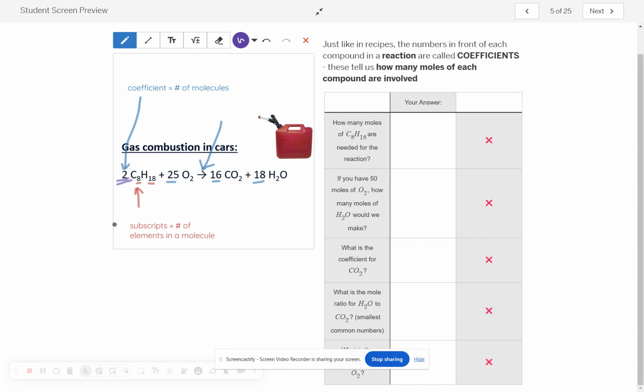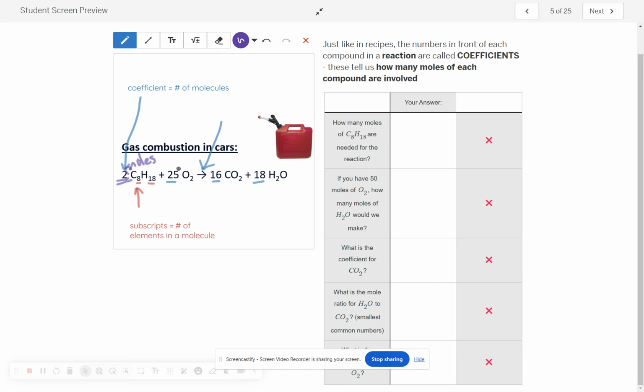What that means is that if we think about recipes, we're told we have 2 cups or 16 tablespoons or 4 ounces. That unit of tablespoons or ounces or cups or liters, we're all going to simplify that down. Anytime you see a number in front in a reaction, that coefficient, that means that it's the number of moles. Okay, so it's even easier than a recipe, because a recipe has all sorts of units, but a reaction only ever uses moles.